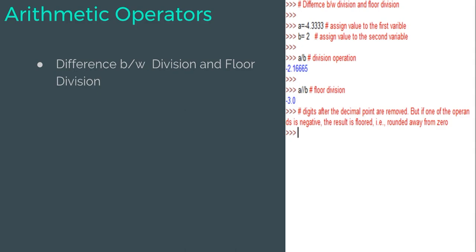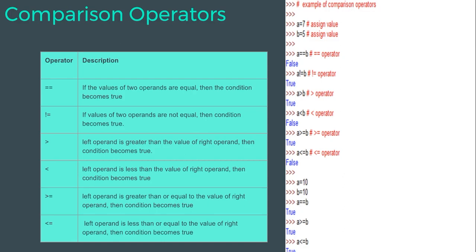Now let's take the second operator, the comparison operator. In comparison operators, there are equal, not equal, greater than, less than, greater than or equal, and less than or equal operators.